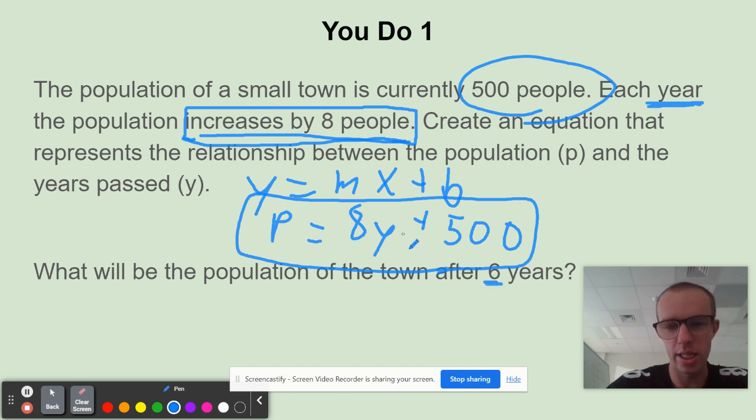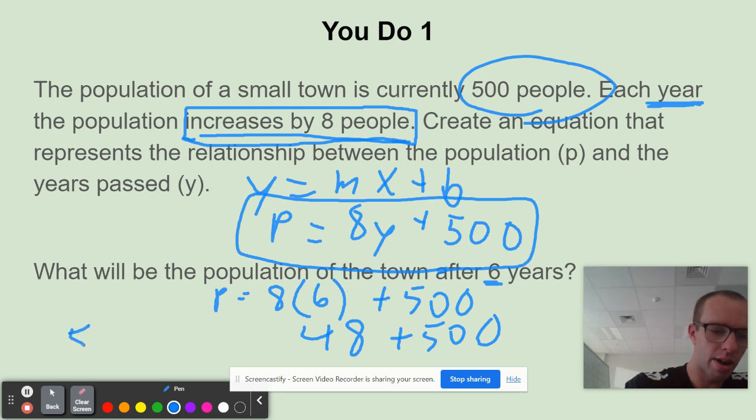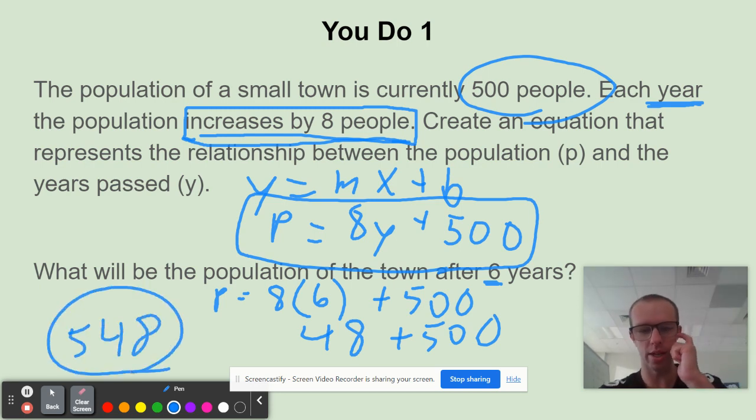I can take this 6 and plug it into the y, right? Because y represents years. And so we can do P is equal to 8 times 6 plus 500. 8 times 6 is 48 plus 500 is 548. The population in 6 years will be 548.